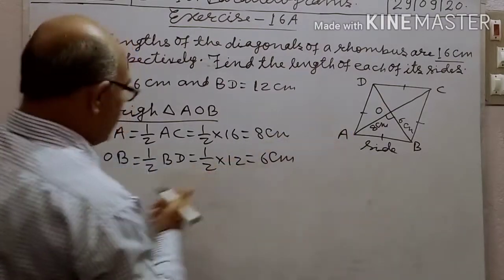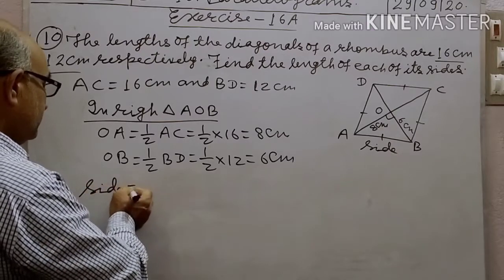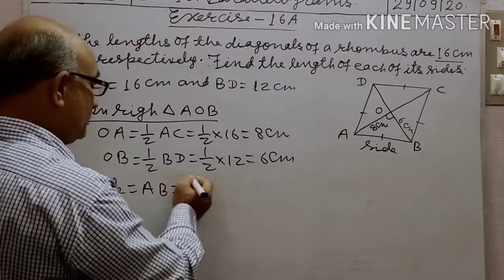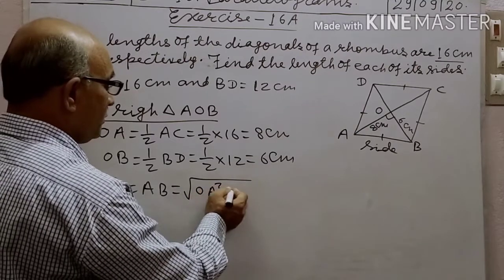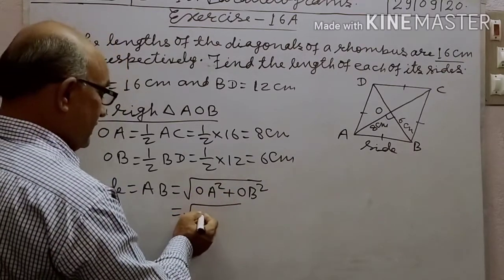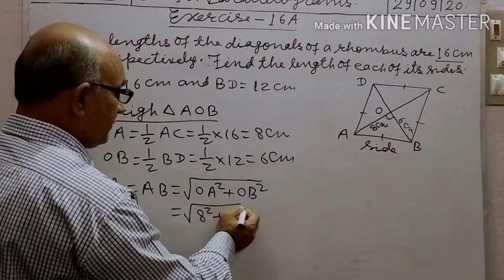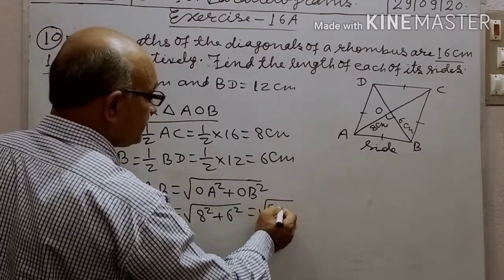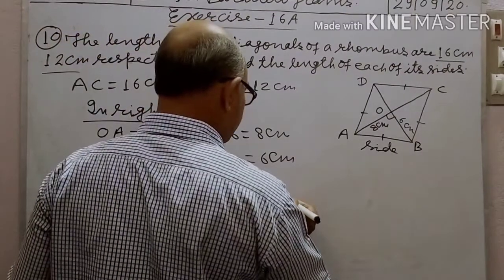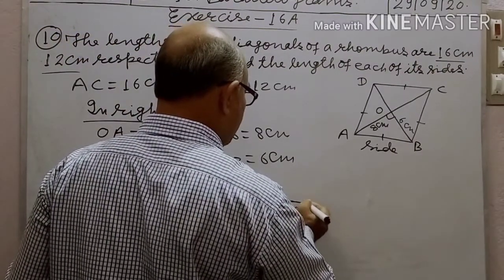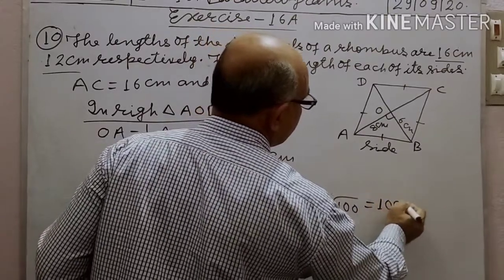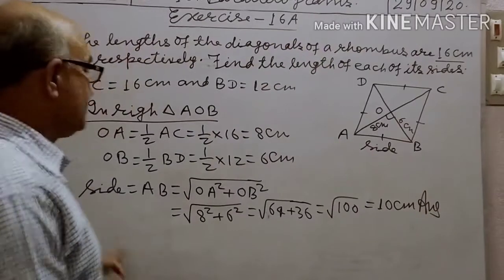So hypotenuse AB equals under root OA square plus OB square, equals under root 8 square plus 6 square, equals under root 64 plus 36, equals under root 100, equals 10 cm. Answer. Understand and write it.